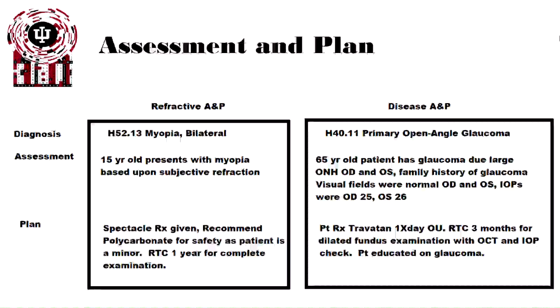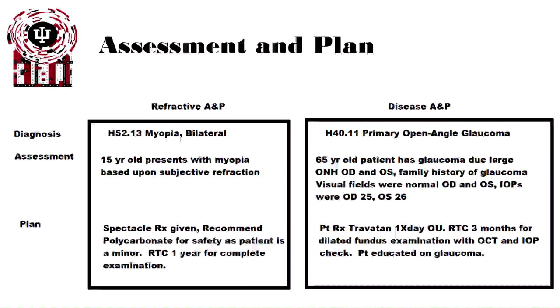We also gave a return to clinic, in this case 3 months, for a dilated fundus examination with OCT and IOP check. Patient educated on glaucoma. If you look at both of these plans, we Rx something, one a spectacle and one a medication. We recommended a return to clinic, and we also recommended what additional testing should be done at that visit.